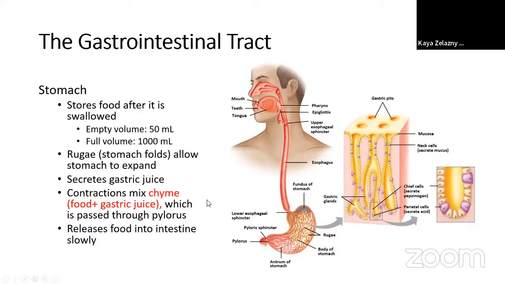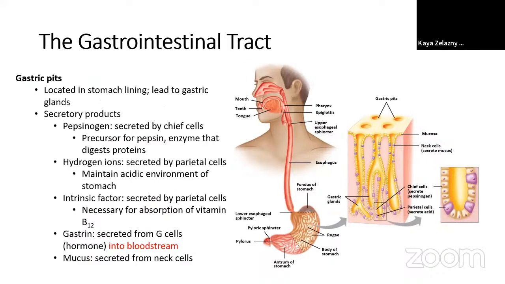We start with digestion in the mouth, we swallow, go through the esophagus, enter the stomach. We were starting to talk about some of the processes going on here in the stomach, particularly the production of this product called chyme, which is a mix of our food plus the gastric juices that the stomach is producing.